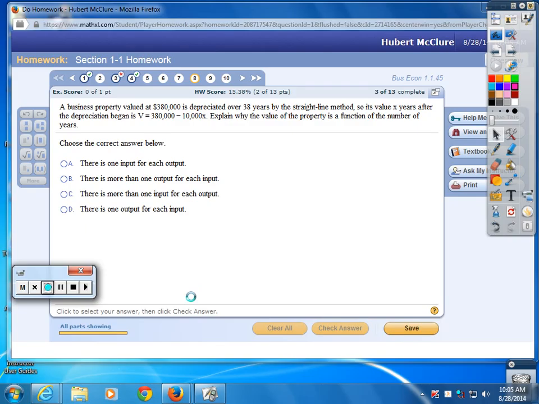Explain why the value of the properties is a function of the number of years. Well, you can answer this several different ways, but there is one simple reason you can explain why it is a function.